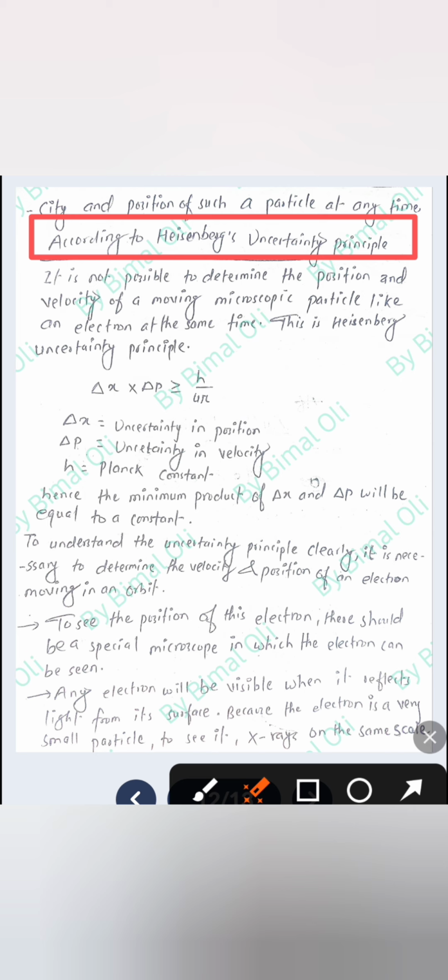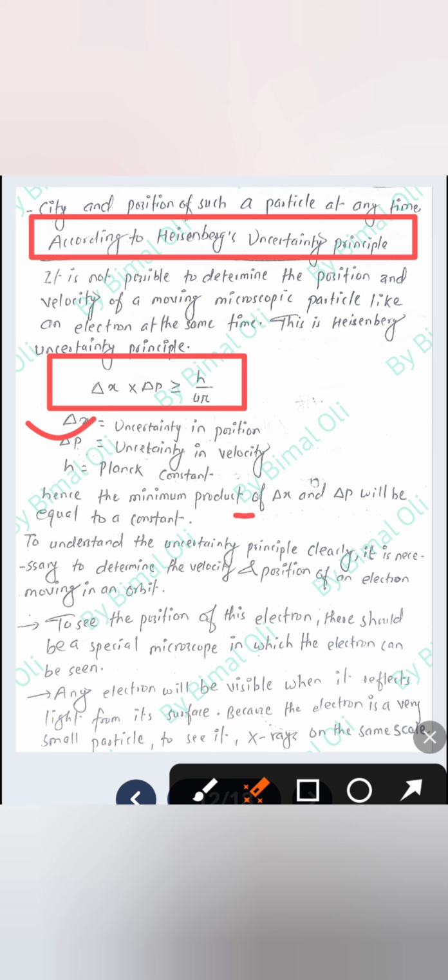Now the equation: del x multiplied by del p, the product of del x and del p, is greater than or equal to h divided by 4 pi, where delta x is the uncertainty in position, delta p is the uncertainty in momentum, and h is the Planck constant.